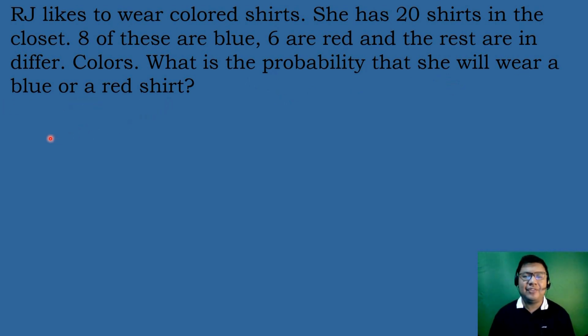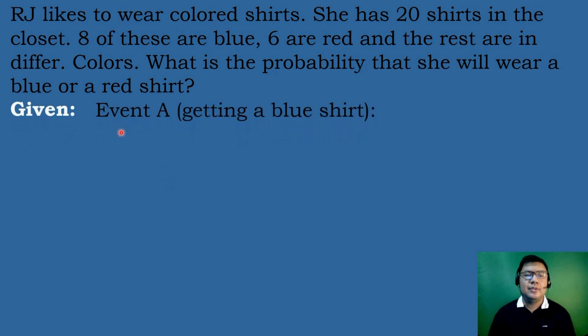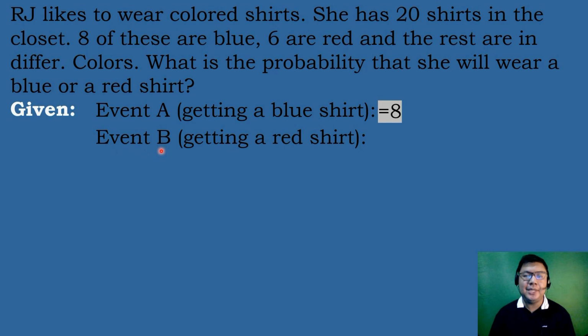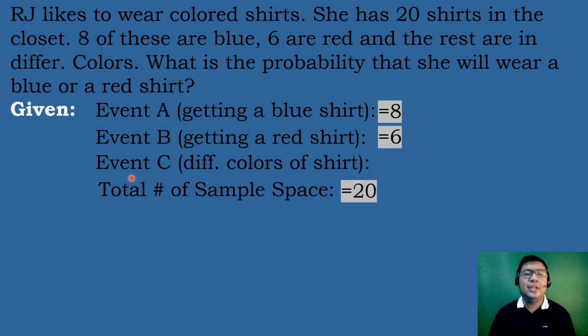Let's identify first the given. So event outcomes of A, which is getting a blue shirt, is equal to 8. Event outcomes of B, which is getting a red shirt, is equal to 6. And then after that, event outcomes of C, which is different colors of shirt, is equal to 20, the total number of shirts, minus the sum of the blue shirts and the red shirts.